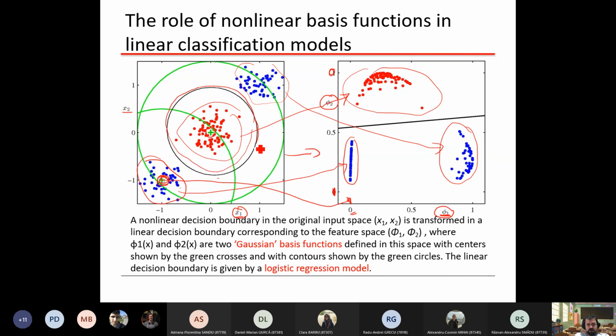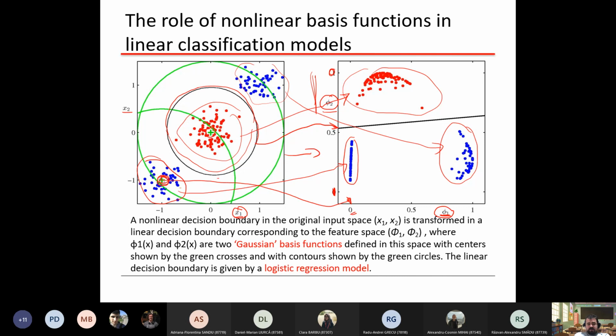So this decision boundary that is not linear in the initial space transforms to this linear decision boundary in the space that is formed by phi1 and phi2. And in this space, you can see that the blue points are placed at distances that are higher than 0.5, while the red points are placed in this area where the phi2 values are closer to 0.